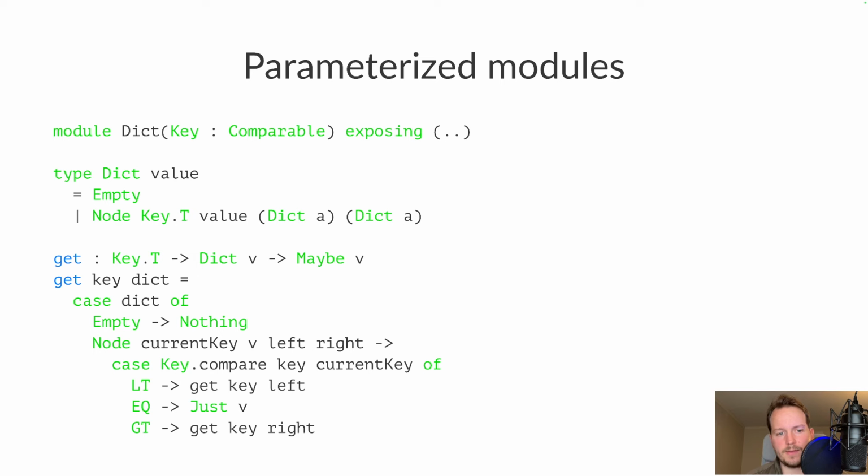The important thing to recognize, though, is that we make two references into the key module, which is passed into this dictionary: the key t type and the key compare function.